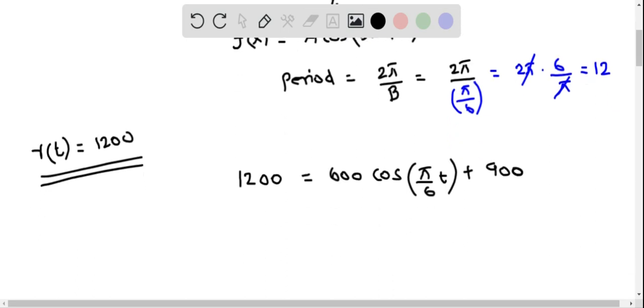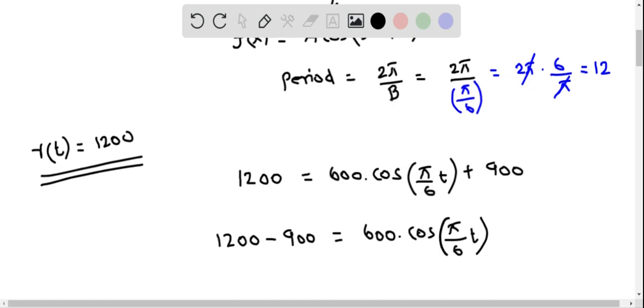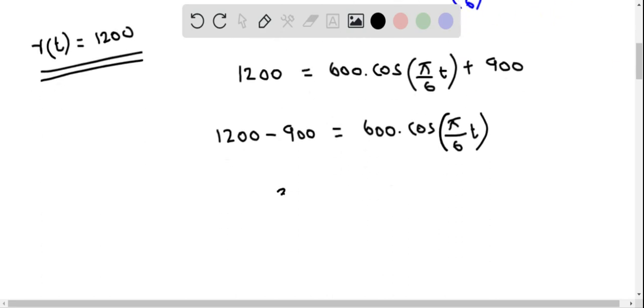Let's first subtract 900 from both sides. So it becomes 1200 minus 900, and this equals 600 times cosine pi by 6t. So we get 1200 minus 900 is 300, and this equals 600 times cosine pi by 6t.